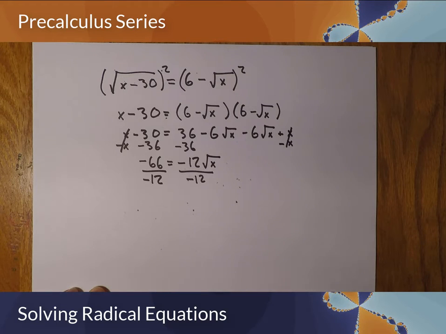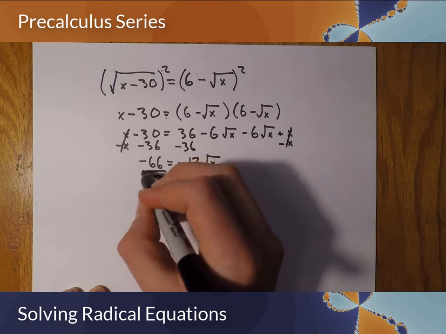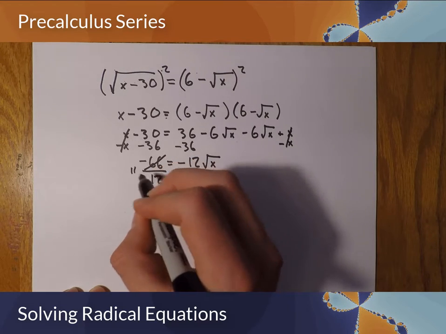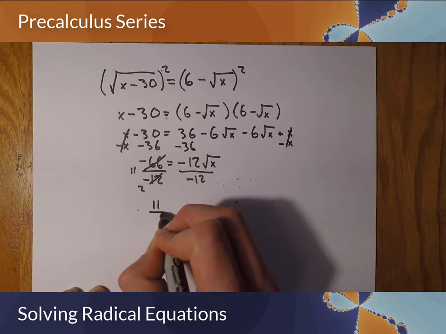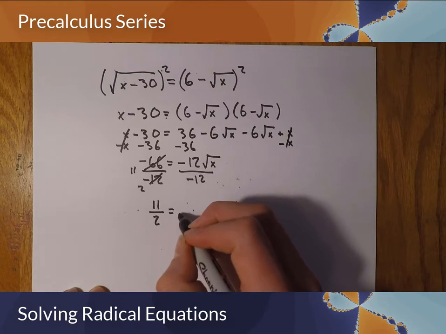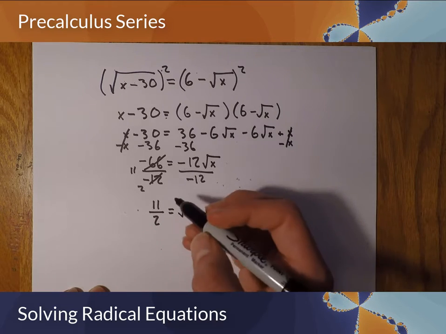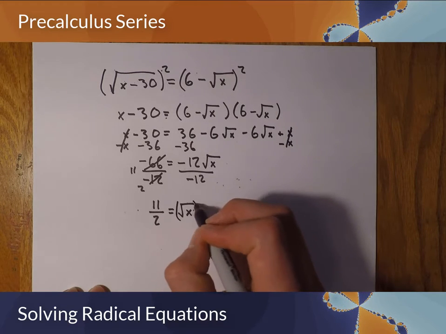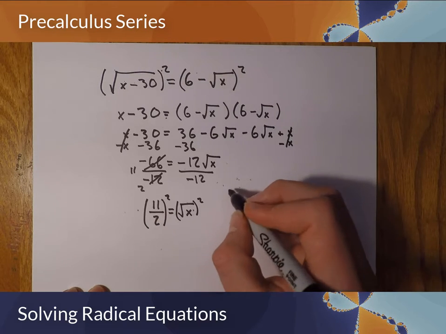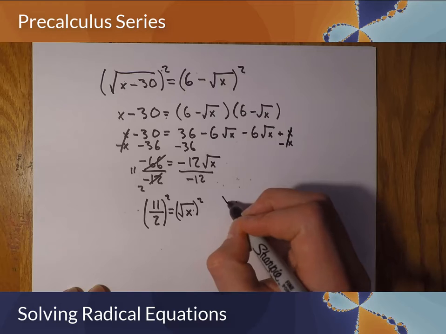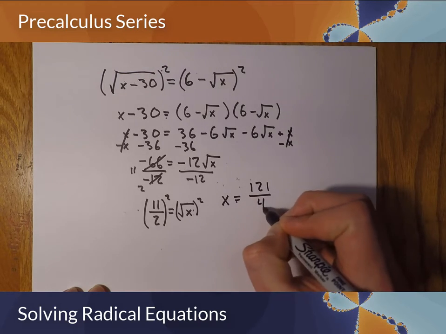And so what we get is, well, let's see, 66 divided by 6 is 11. So we can simplify this to 11 halves equals the square root of x. And so now we can just square both sides. And we get x is equal to 121 over 4.